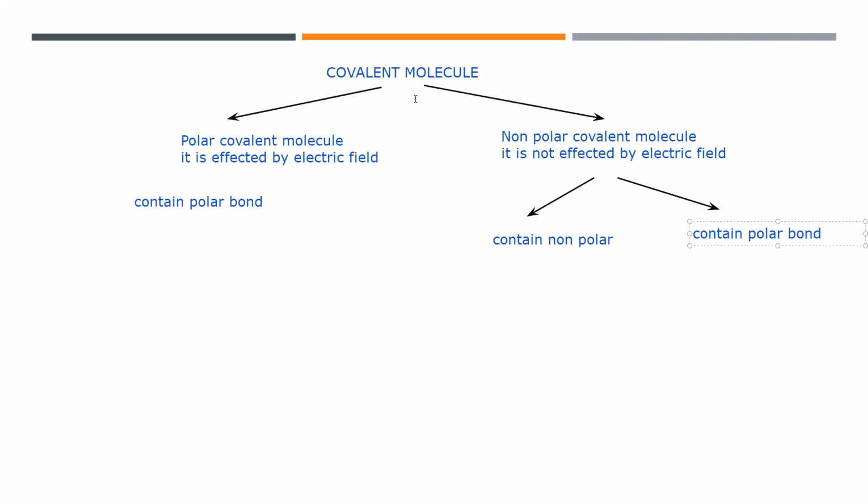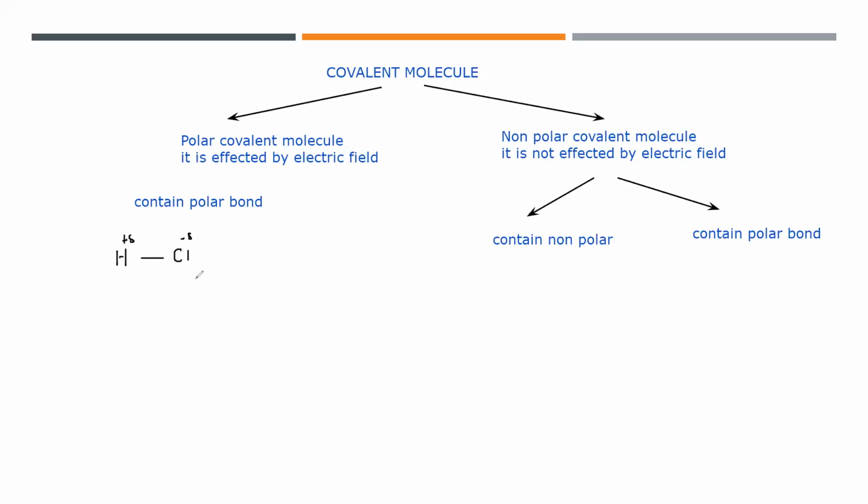For example, hydrogen chloride, HCl: partial negative, partial positive. If there is an unequal distribution of the bond in the molecule and the charge still appears on the molecule, we call this a dipole moment, or a net dipole moment.